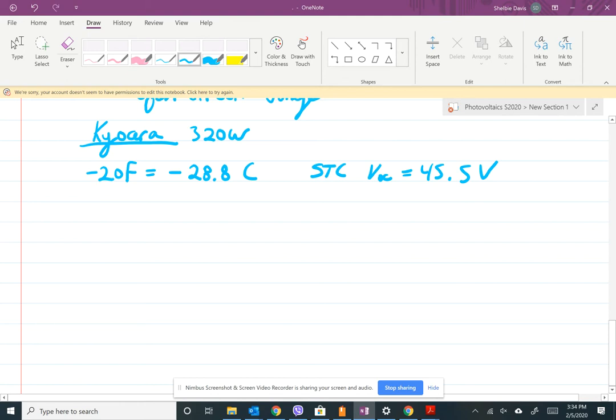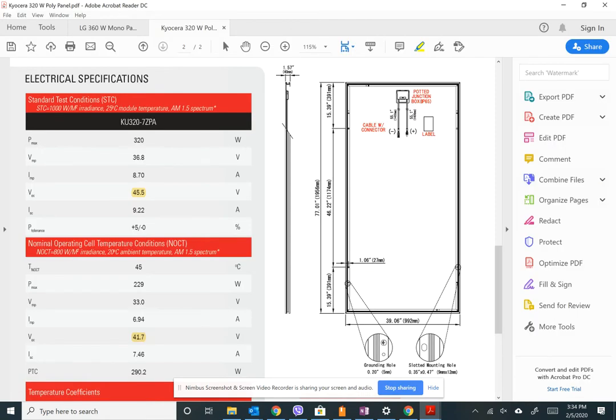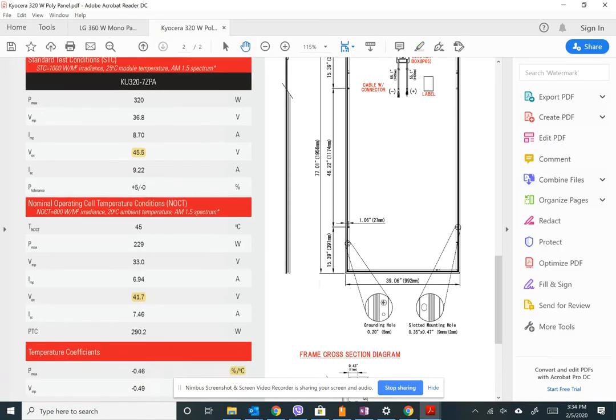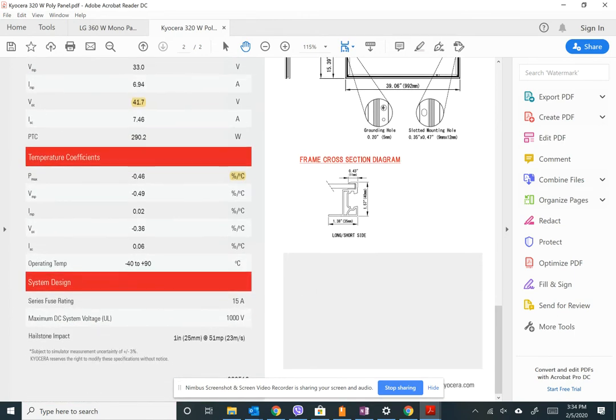Okay? And if we go back one more time, another thing that we can see if I pan down here is we have these temperature coefficients. So let's see, VOC. This right here is our temperature coefficient, and I will show you how to use it. It is in percent per degree Celsius.